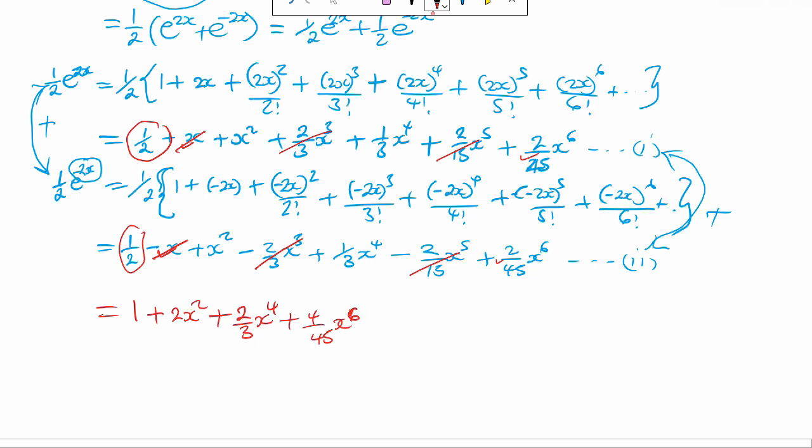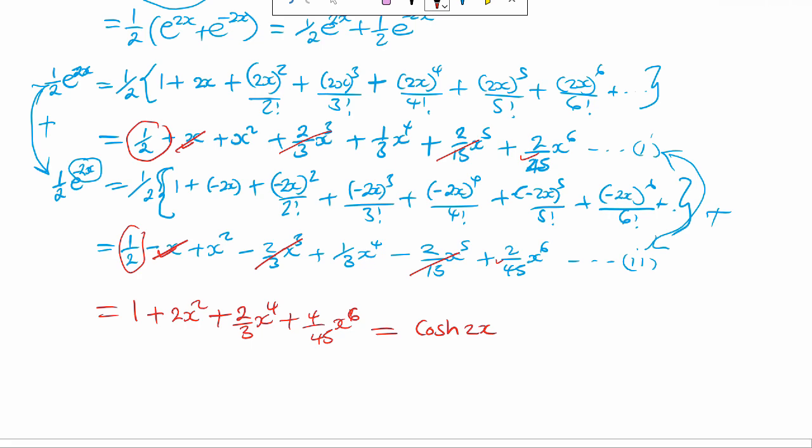Now, this equation is the same as our original equation, so it means that our answer is correct, because this one was our original equation, which was cos 2x.